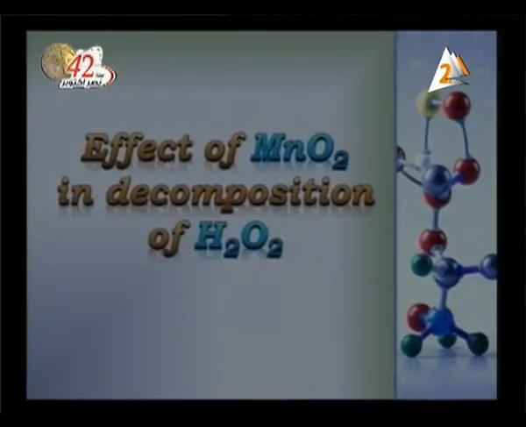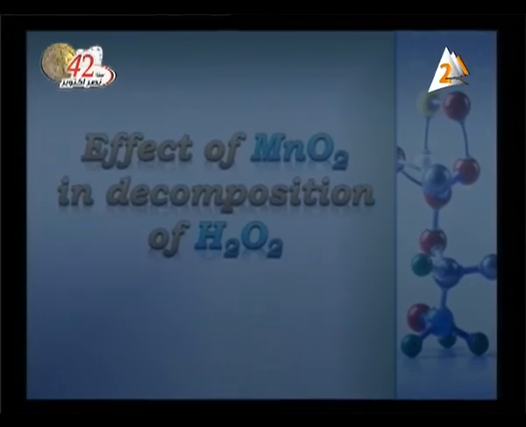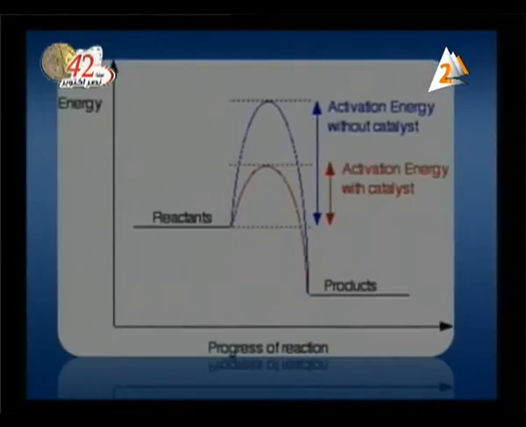My dear students, we are going to show the effect of the catalyst manganese dioxide in the decomposition of hydrogen peroxide. As shown in the graph here, across the energy and the progress of reaction axes, we find that the reactants need a lot of energy for breaking the bonds between the molecules without the catalyst.